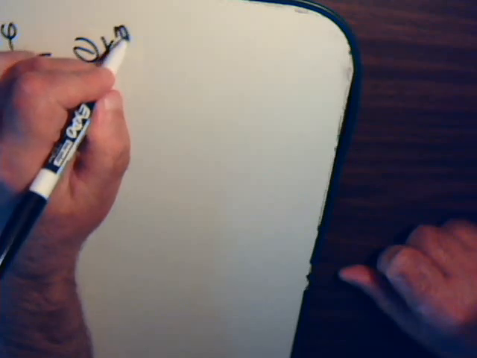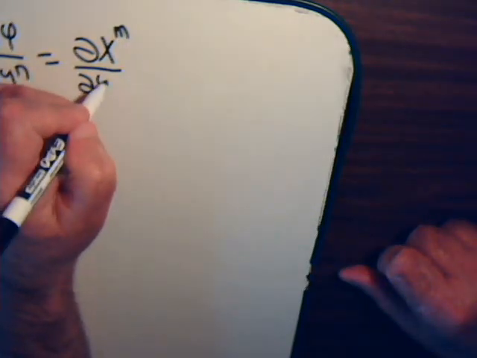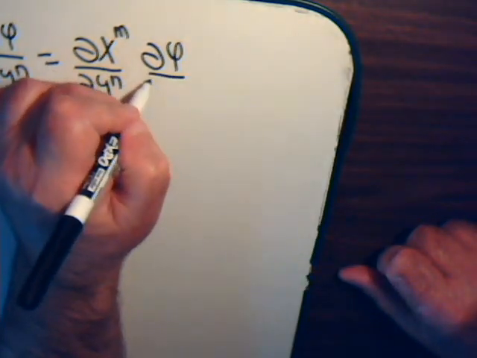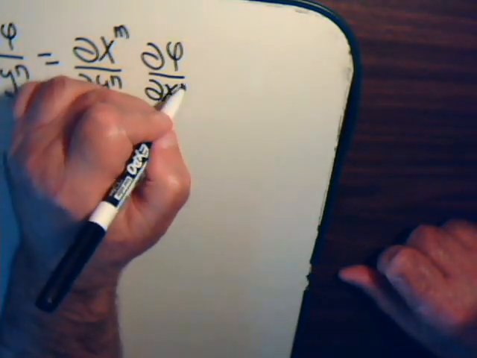So what we notice is that from our second video, we had this kind of a formula: the partial of psi with respect to yn equals the partial of xm with respect to yn times the partial of psi with respect to xm.